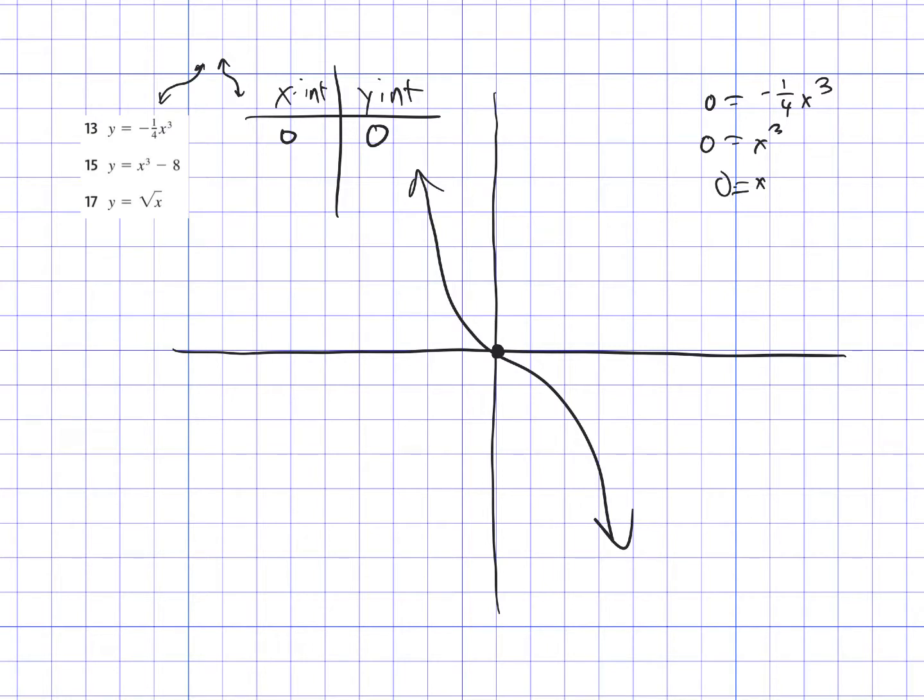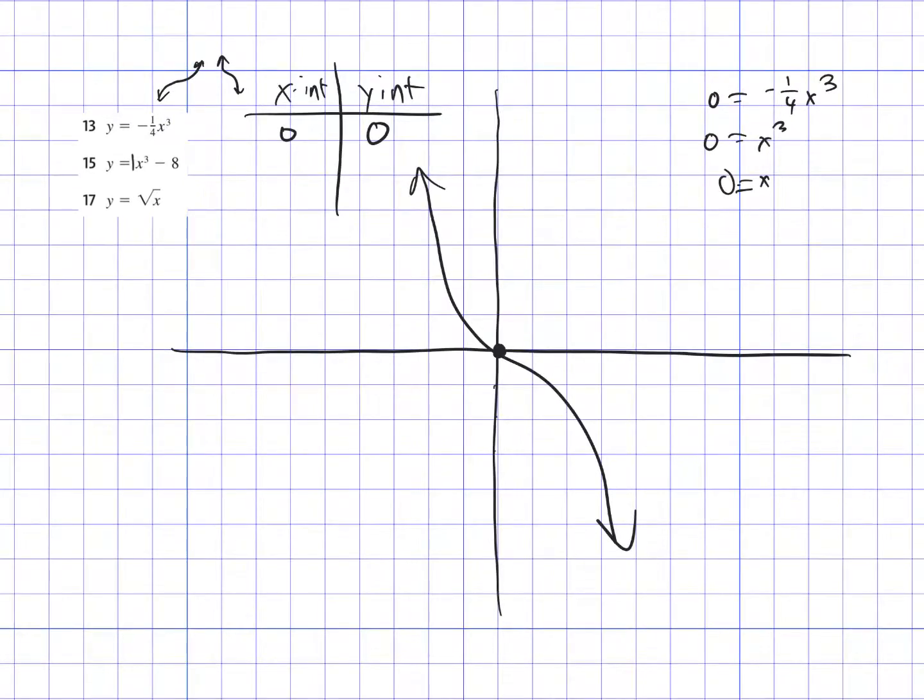All right, number 15 is x cubed, and it's positive in front, so it's going to be up to the right, and it goes through the y-axis at negative 8. 1, 2, 3, 4, 5, 6, 7, 8. If we plug 0 in for y again, you get x cubed minus 8. Add 8, x cubed equals 8.